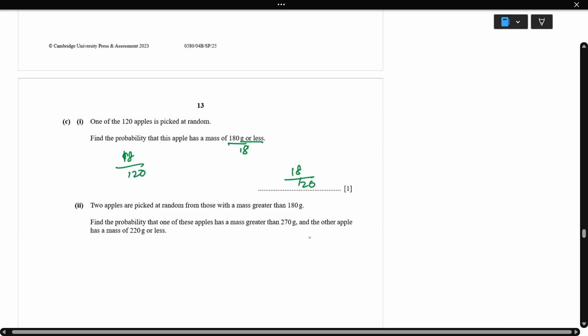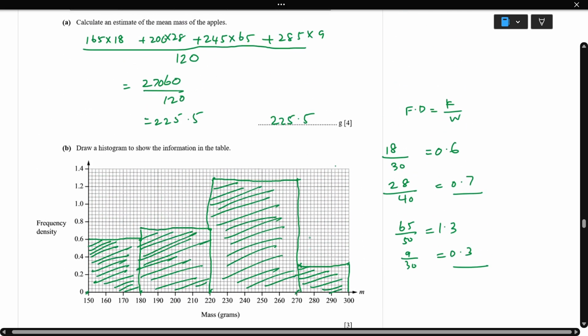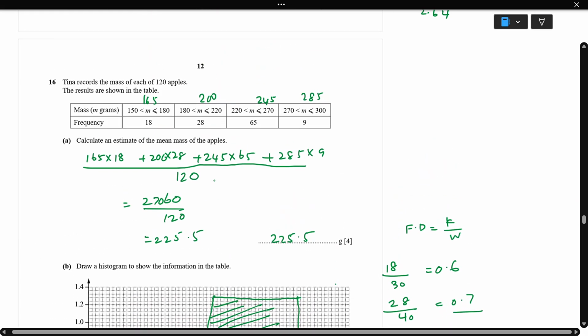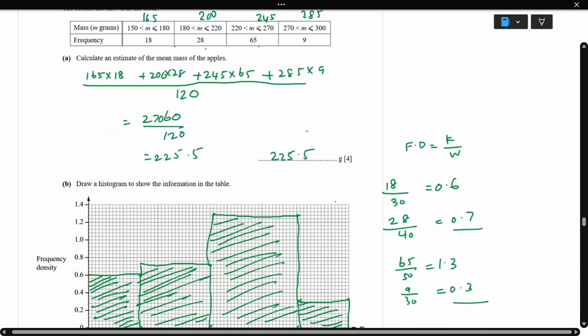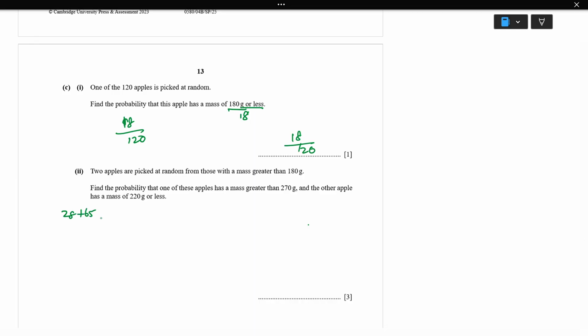Okay, the next question. Two apples are picked at random from those with masses greater than 180. Here in these three intervals, 28 plus 65 plus 9, that's the total number of apples above 180.